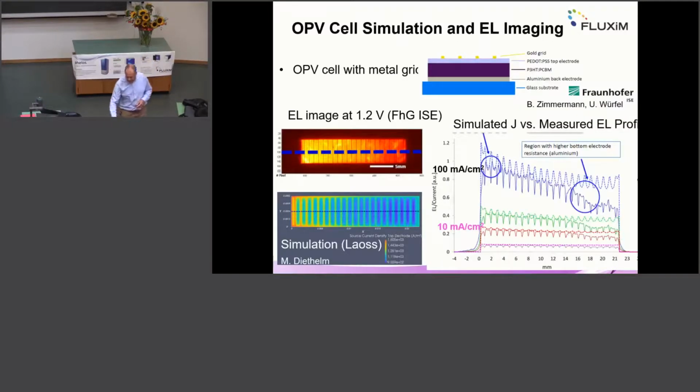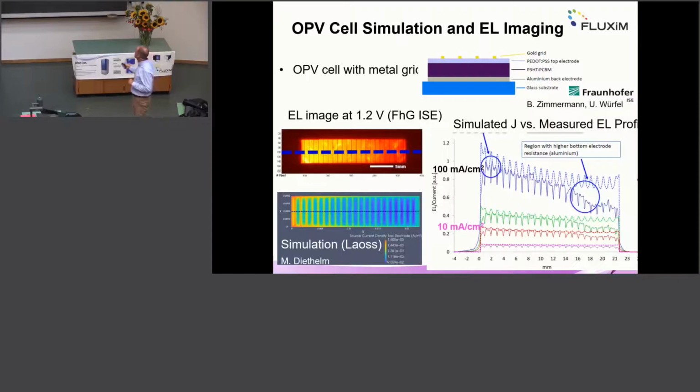And we have made a joint study with the Fraunhofer Institute in Freiburg. In Freiburg, they have fabricated an organic solar cell, just a single solar cell, which has a quadratic shape. And this quadratic solar cell had metal grid lines across.